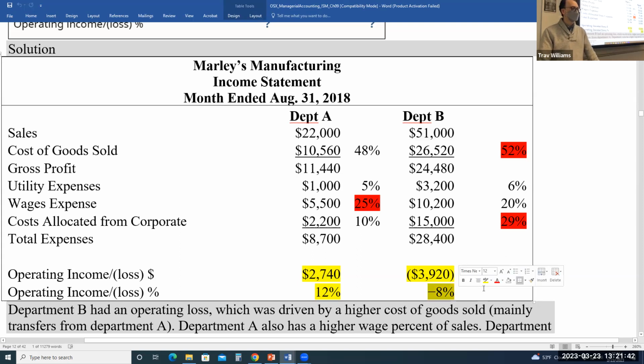So what does this minus 8% tell us? Was it divided by sales that we got? Then an 8% loss, I guess, yeah, the 3,920 loss is 8%.